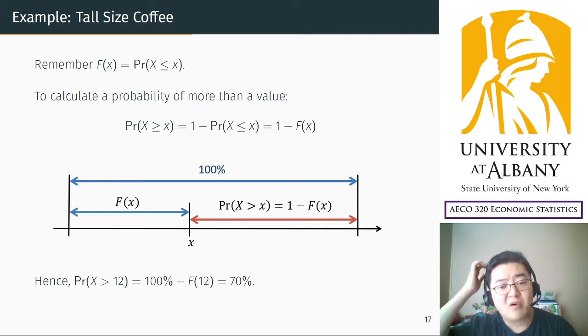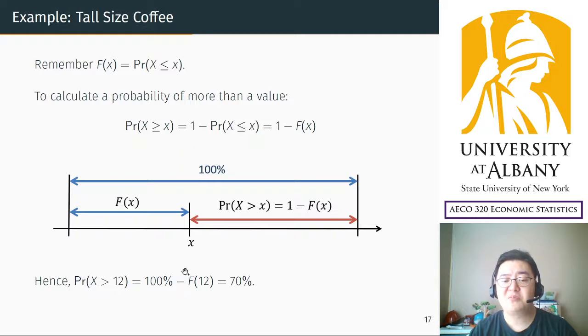Therefore, the probability greater than 12 is 100% minus 30%. This part we have the information, right? So even if the cumulative distribution is defined as the probability smaller than a number, you can still calculate the probability greater than the number. It's simple.